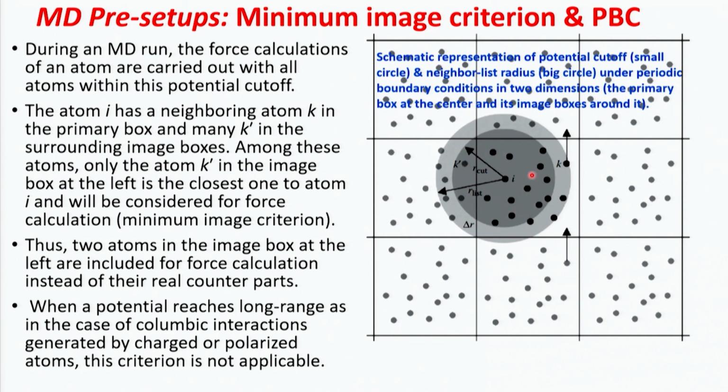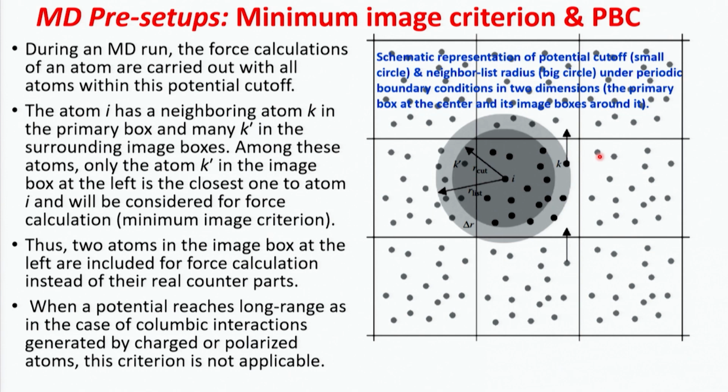So only R cutoff is not sufficient, because when you use the periodic boundary condition, you need to have what is called the neighbor list. That also we need to consider, because one atom in its main box may be outside the R cutoff, but the similar atom in the nearby image boxes may be within the R cutoff. Okay. So that you also need to consider.